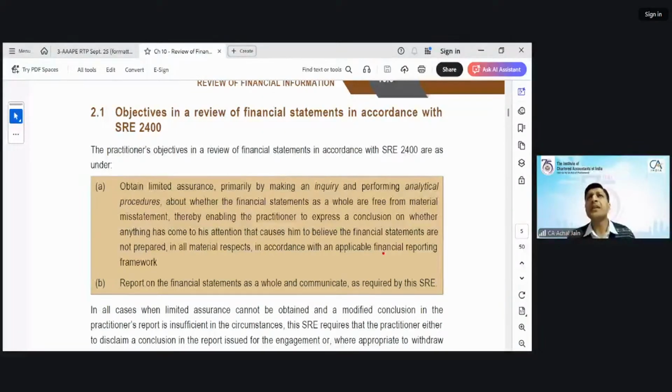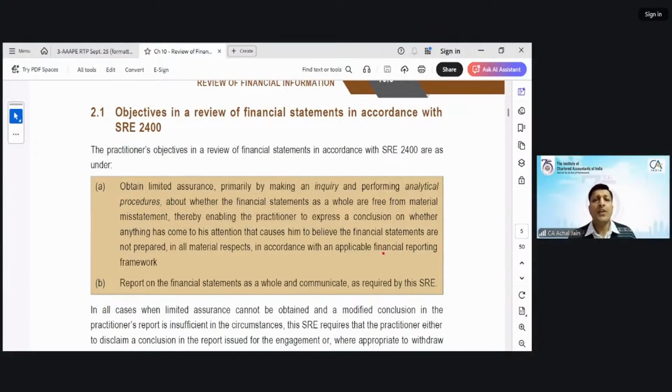That doesn't mean that the practitioner will not look into the details, will not at all get into the details of testing. Of course, he can do that wherever required, wherever he thinks appropriate. So nothing is going to stop him. Okay. If at all there's a need, underlying documents will be looked at. Some sort of testing of details will also be done. And at times, checking can also be extended, but that is not really required over here.